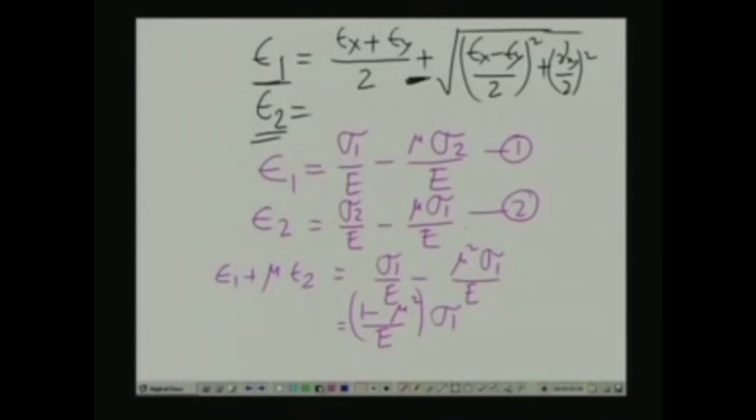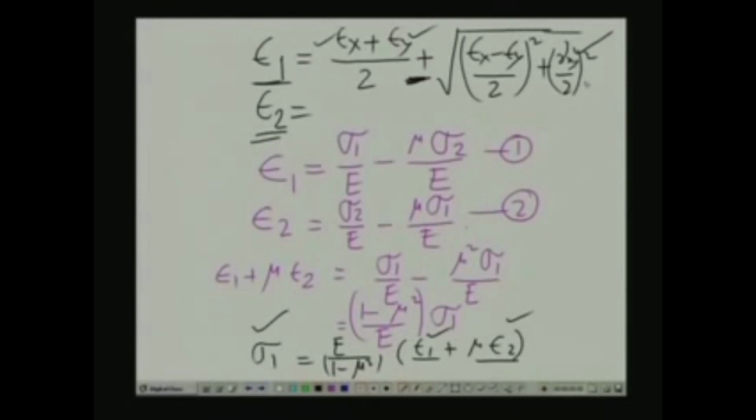From this we get sigma 1 equal to E divided by 1 minus mu square into epsilon 1 plus mu epsilon 2. So, this is the value of sigma 1 in terms of epsilon 1 and epsilon 2, and epsilon 1 and epsilon 2 we have obtained in terms of epsilon x, epsilon y and gamma xy.